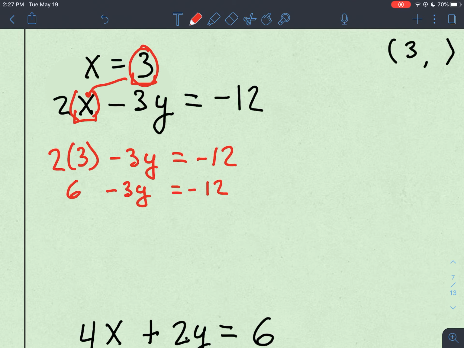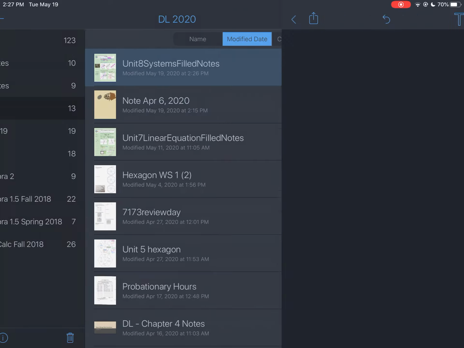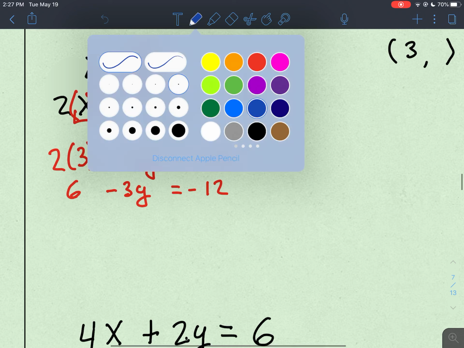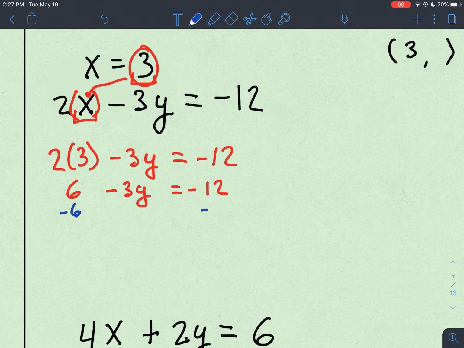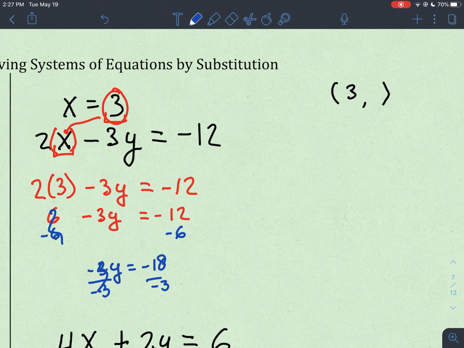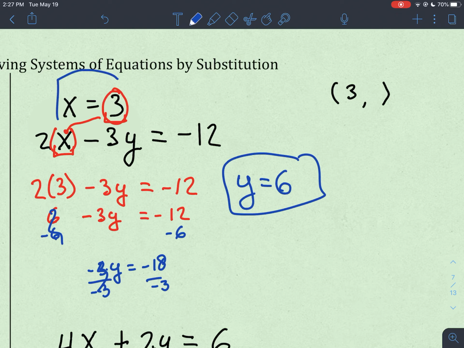And we can solve this as a two-step equation. Just subtract 6. And I've got negative 3y equals negative 18. You can solve for y by dividing by negative 3. And I got y equals 6. So now I know that y equals 6. We don't need to do any more work because we were given right away that x equals 3.